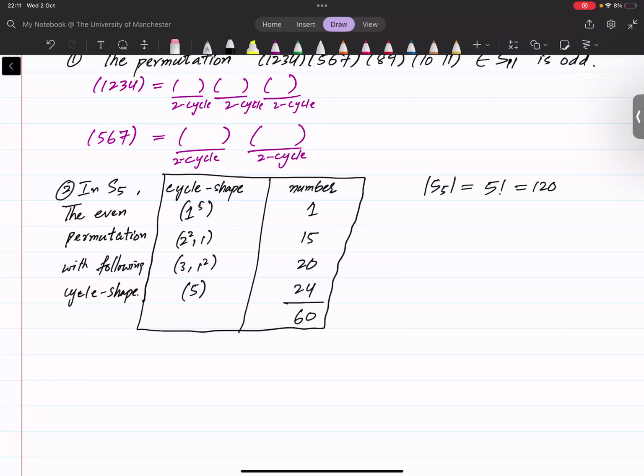If 60 of them are even, then 60 are even in S5, which is one half the order of S5, one half of 120, that is 60. So for any n, exactly half of the n factorial permutations in Sn are odd and half are even.